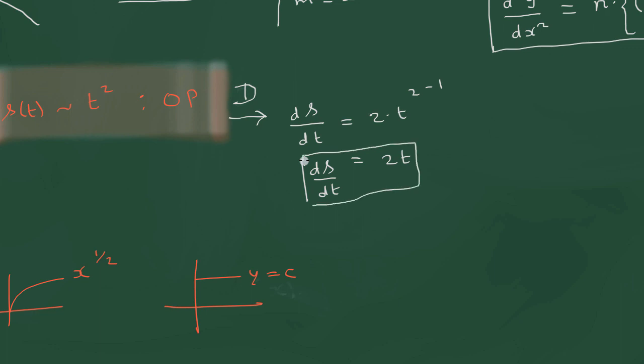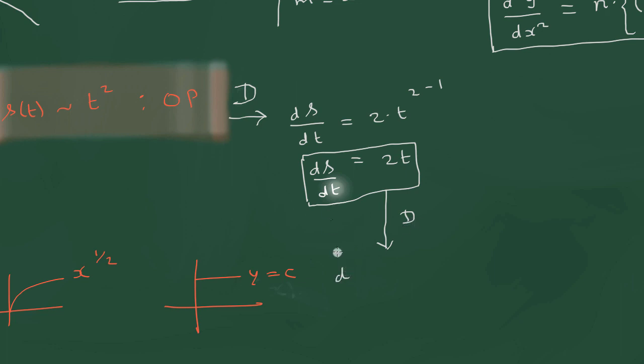This is the first derivative. Do it once again. Whenever we say differentiation, you have to understand that whatever quantity is in the denominator, we are differentiating with respect to that. So therefore d means with respect to t.